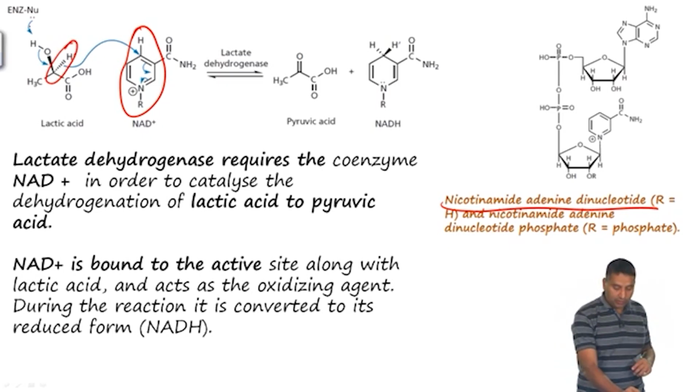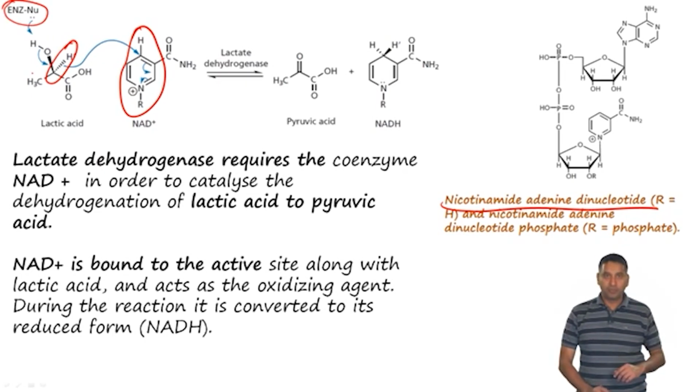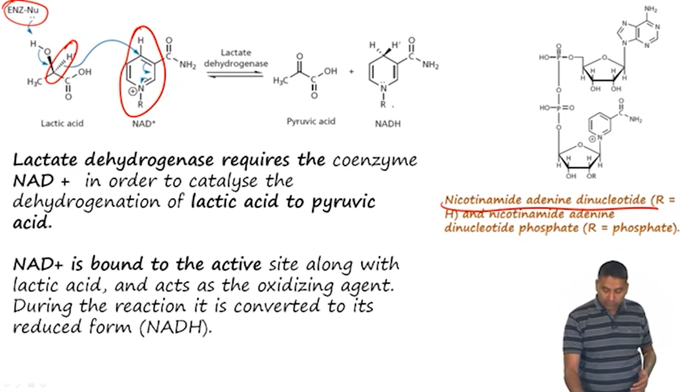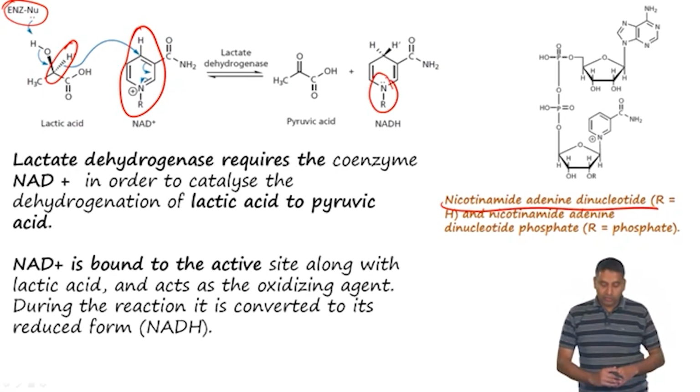Here you have an enzyme with a nucleophilic active site, which reacts with an alcohol and pulls the proton from the hydroxyl group, which results in migration of the electrons from the OH to form a carbonyl, and the hydride is then transferred to the pyridinium ion. So, here NAD+ becomes a neutral NADH.